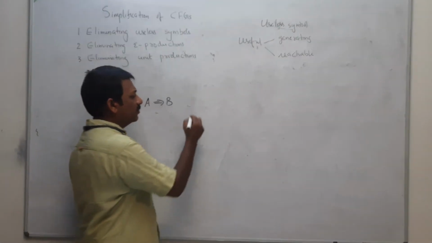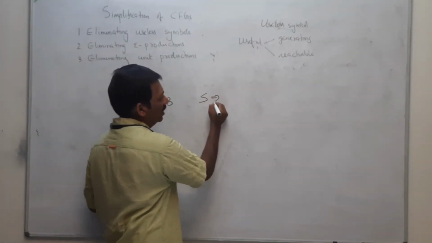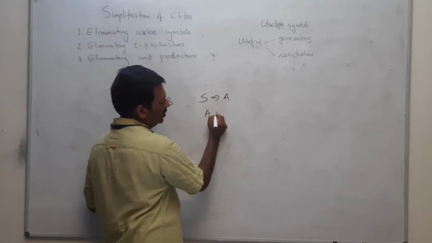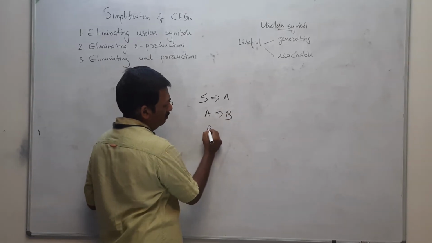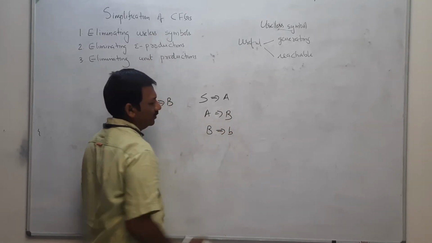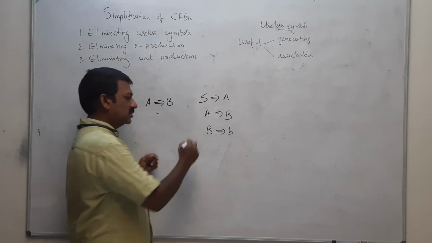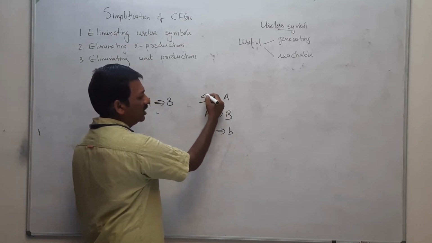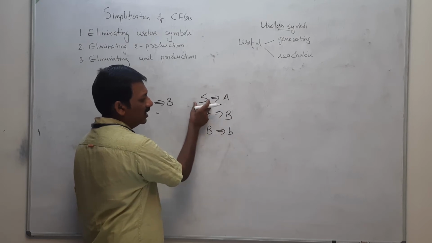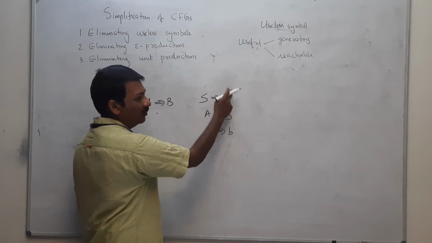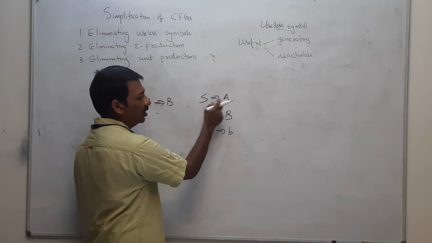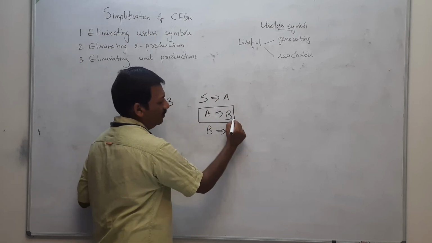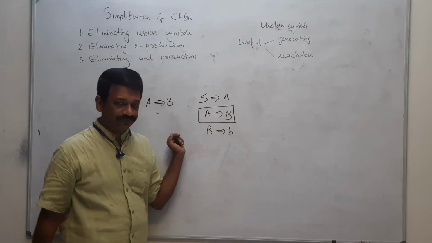Now suppose that we have a grammar like this: S derives A, A derives B, and B derives small b. This is also a unit production, but one side of this is the start symbol, so there is no need to eliminate that, and you are not allowed to eliminate that production. But this is a valid unit production.